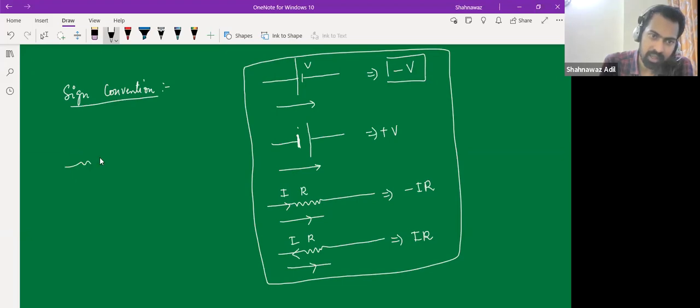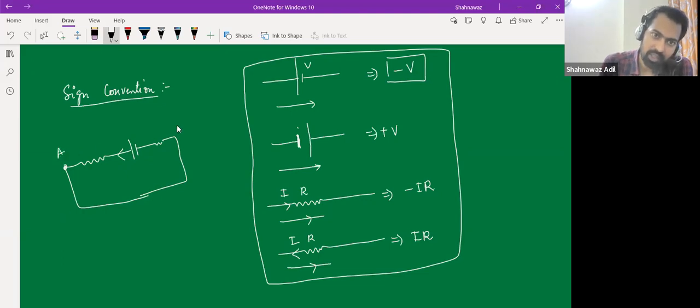Let's say that I have this circuit, this closed loop, and let's say the current is passing in this direction.